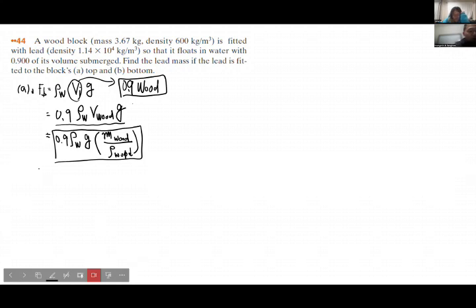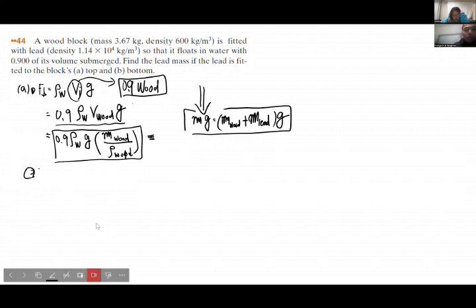So that's number one. The second is the gravity of the wood and the lead. The gravitational force of the block, made of the wood and the lead, is mg, which is actually (m wood plus m lead) times g. That is the downward force by gravity, and it should equal this buoyant force, right?